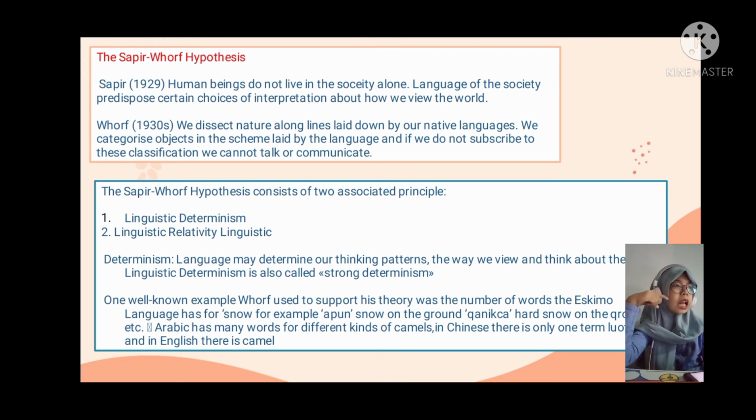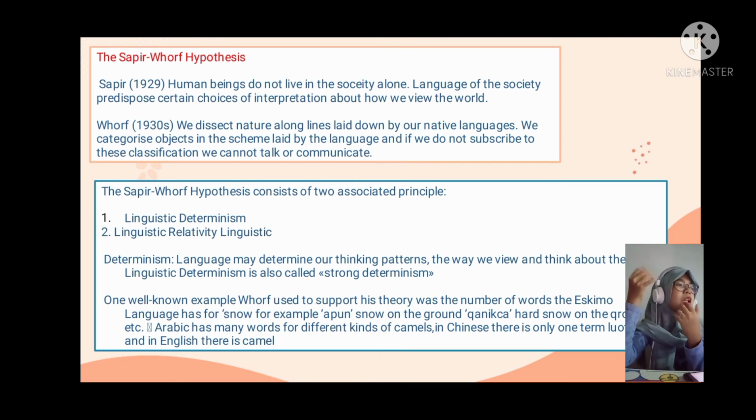The first one is linguistic determinism, and then linguistic relativity. What about determinism? Language may determine our thinking pattern, the way we view and think about the world, and linguistic determinism is also called strong determinism.